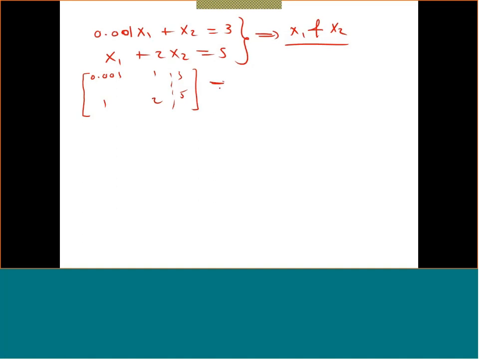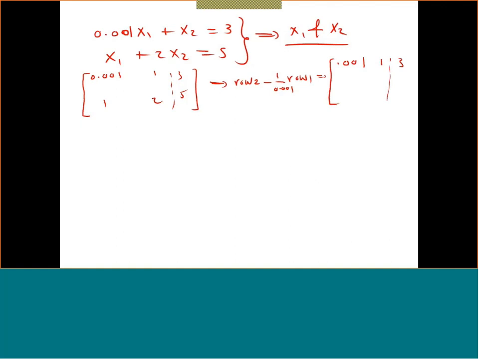So if I do this, I need to subtract row 2 minus 1 over 0.001 row 1. And if I do that, I will get 0.001, 1, and 3.